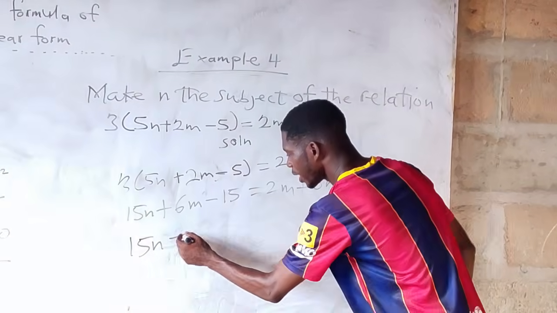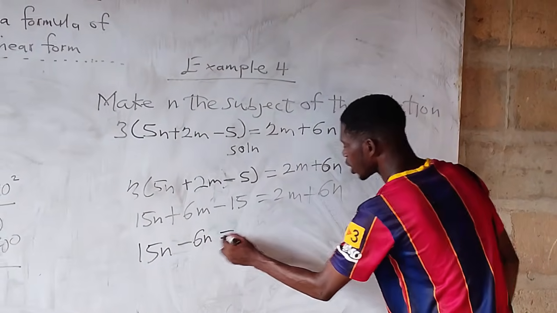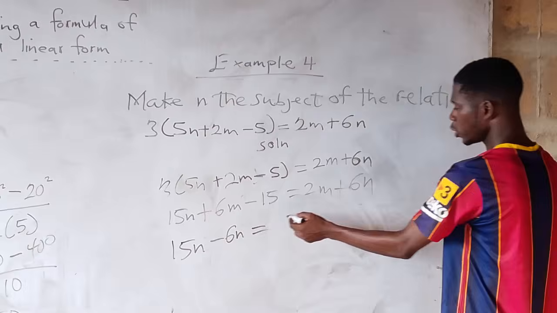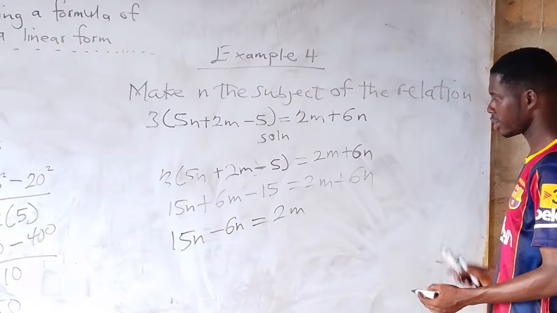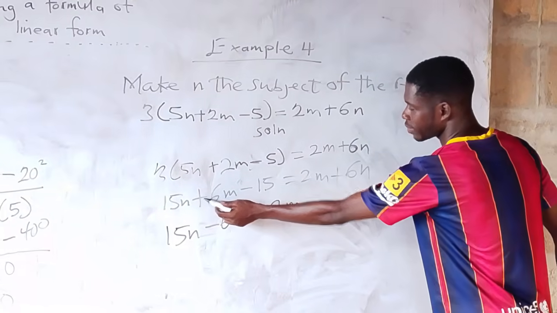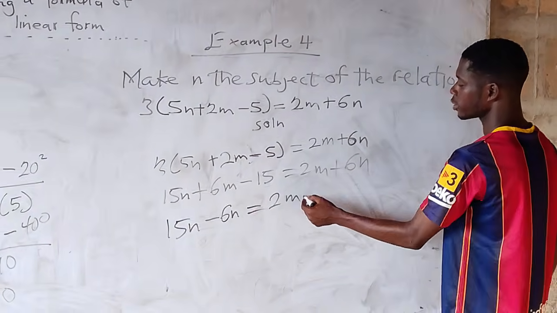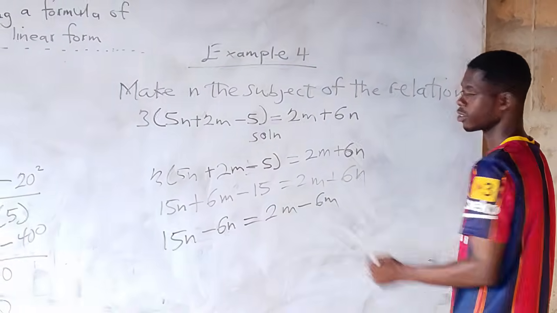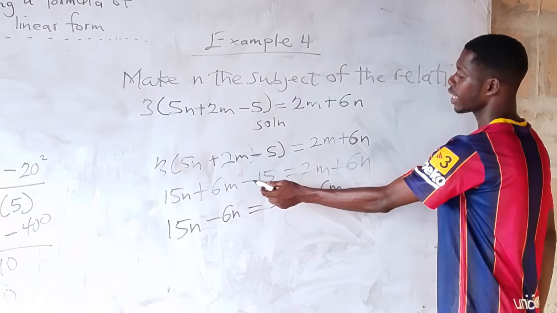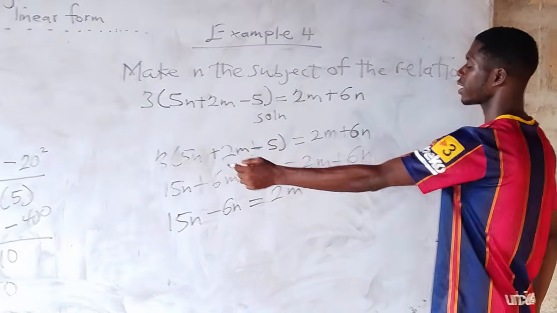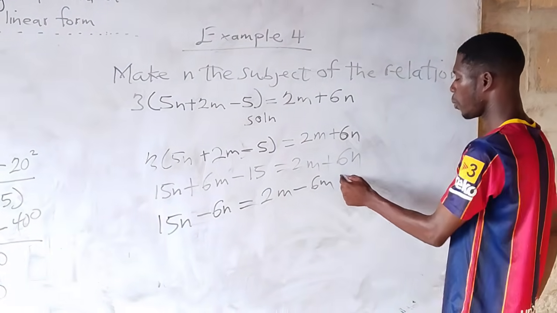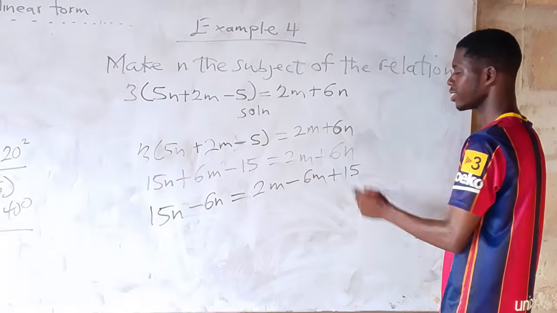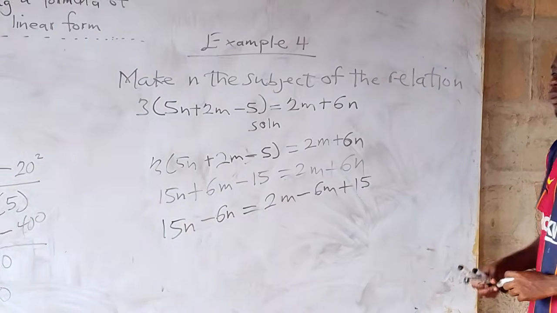So negative 6n equal to 2n here. Then we have negative 15 at the left hand side. While it's crossing the equal sign to come to the right hand side, it's positive 15.